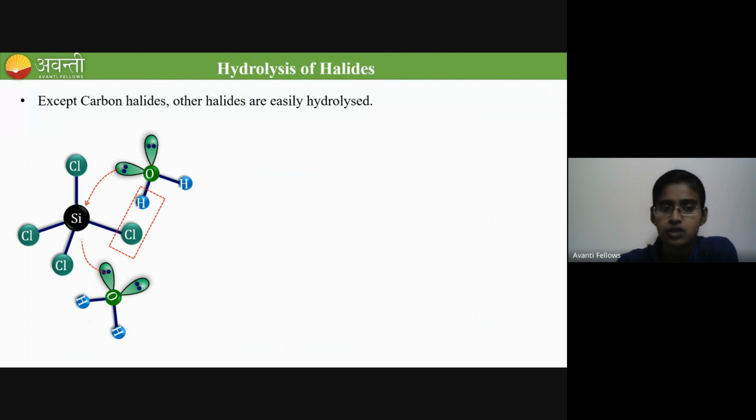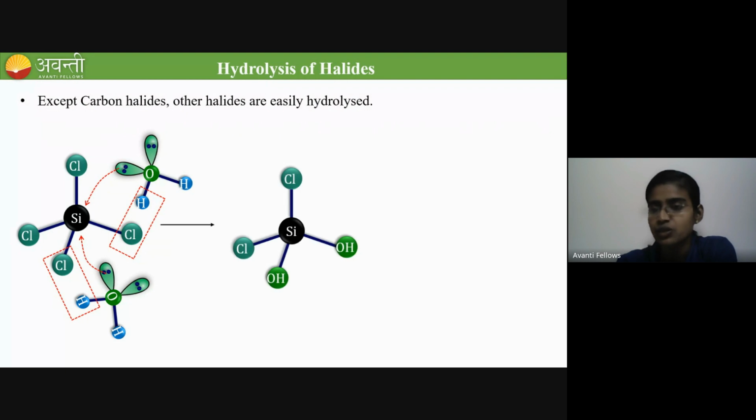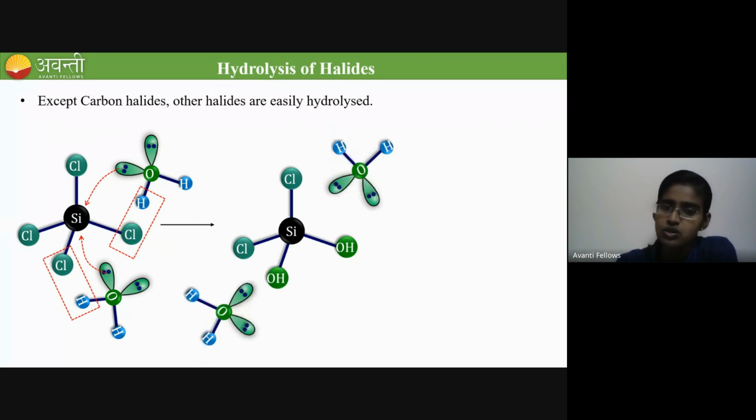The second molecule is also interacting and the second hydrogen bond is formed between H and Cl. It leads to HCl. HCl will come out and we will have 2 OH replacing the 2 Cl. Now the third and fourth water molecules will also come and form bonds with silicon, and the 2 chlorines will go out with the hydrogen as HCl.